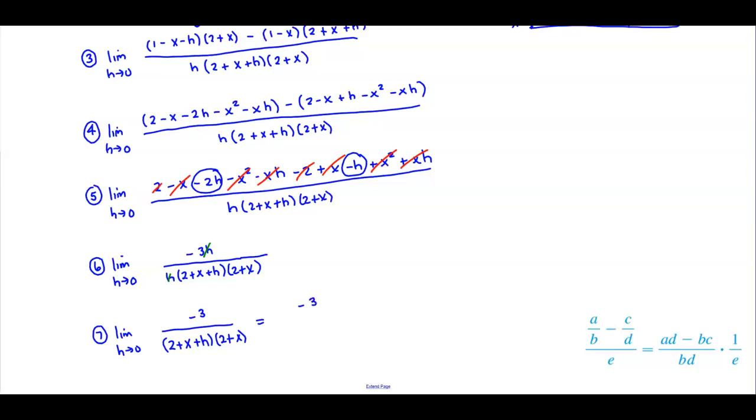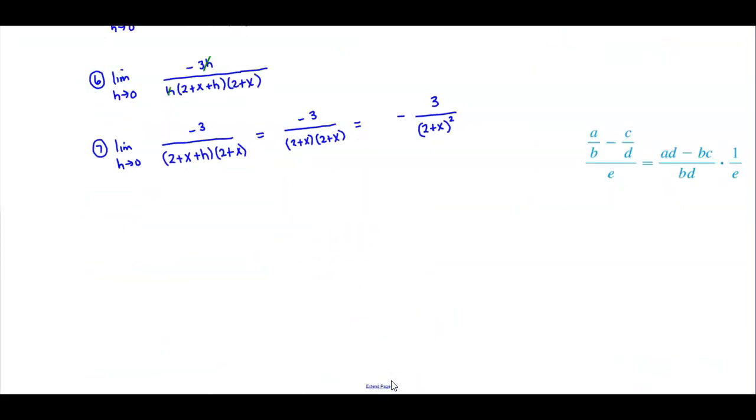So we have negative 3 over, we're going to let h be 0, so we have 2 plus x times 2 plus x, which is negative 3 over 2 plus x squared. So therefore, we can say that f prime of x is equal to negative 3 over 2 plus x squared.